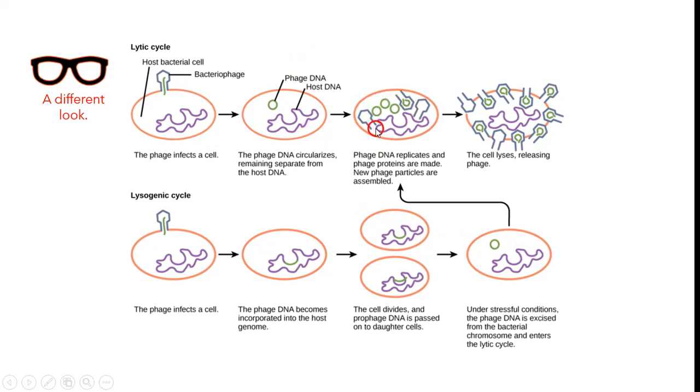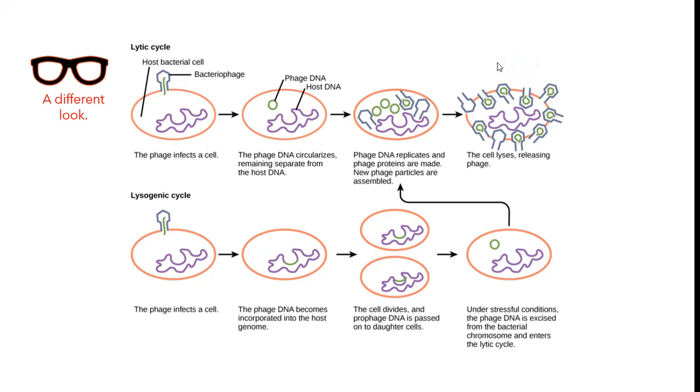And then here, these are steps 3 and 4, where you're duplicating the viral proteins and you're synthesizing the viral DNA, and then you're going to be going through the maturation processes, and then once it's all assembled and matured, then through lysis, or bursting open, it forces itself out of the host cell, and then it goes and spreads on to further infect more and more bacterial cells.